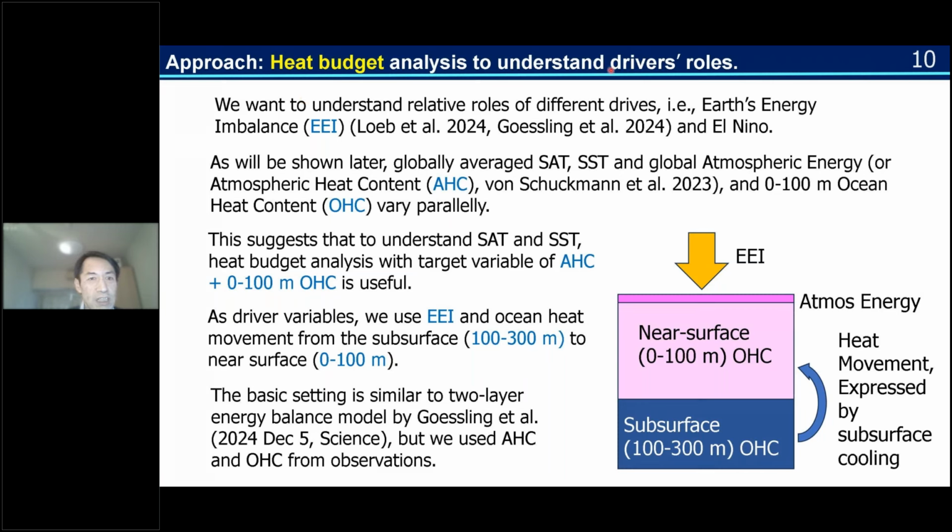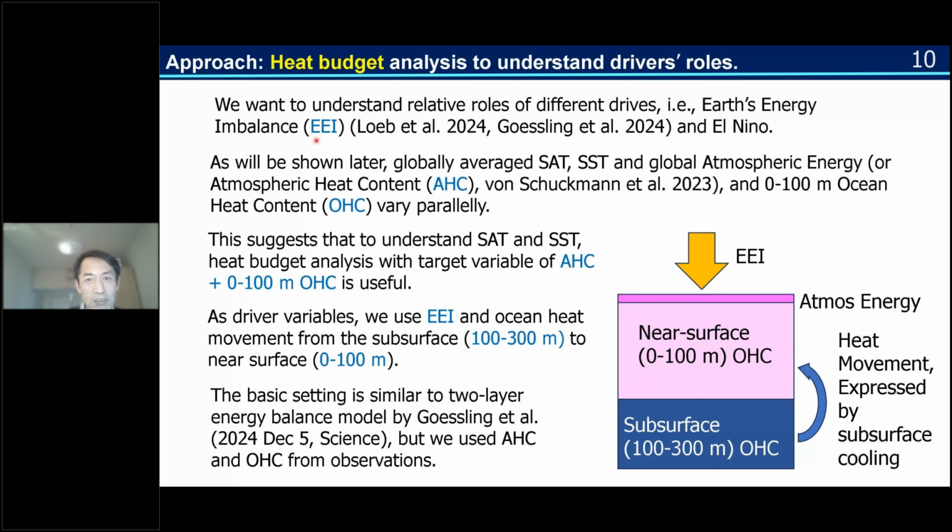We want to understand the Earth energy imbalance under global warming. The Earth absorbs more energy than the energy that returns out of the Earth. This difference is called the Earth energy imbalance.